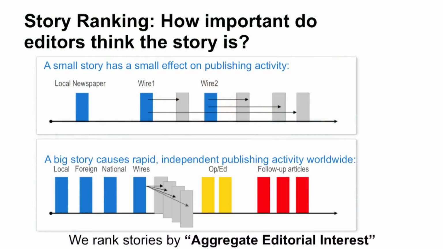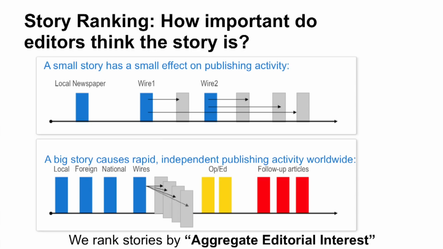And we rank these story clusters according to aggregate editorial interest. So let's take a deeper look at what that means. In the upper diagram, you can see that a small story has a small effect on publishing activity. Let's say in North Carolina, a man was giving out free cars to those who really needed it. It's a great human interest story.